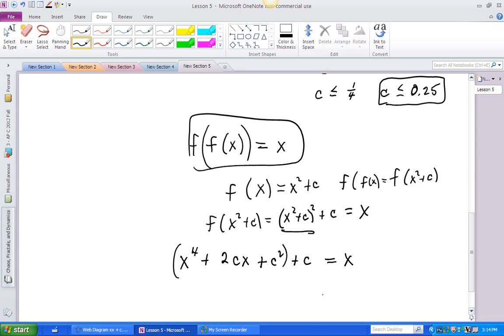Rearranging that, I get this, and I didn't have to put my x squared here before. I've got it in there now.